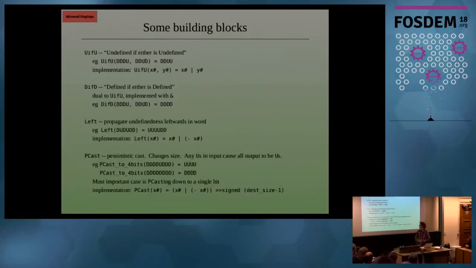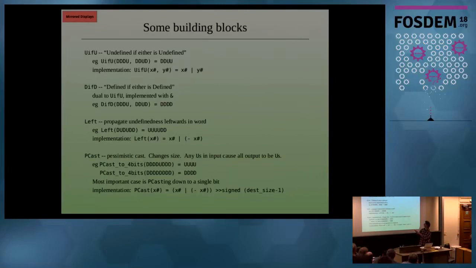Sorry, it's all a bit mathy. Our most important building block is UifU, which means undefined if either argument is undefined. This takes two vectors of definedness bits and produces another vector.